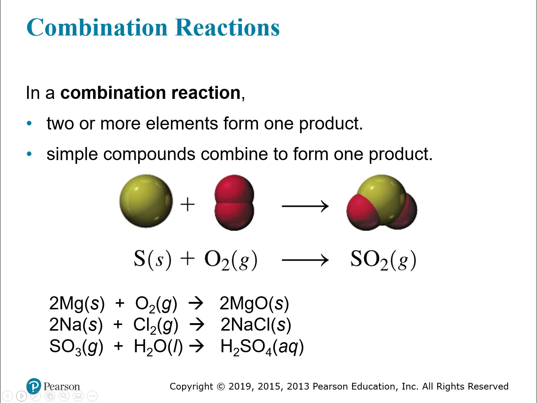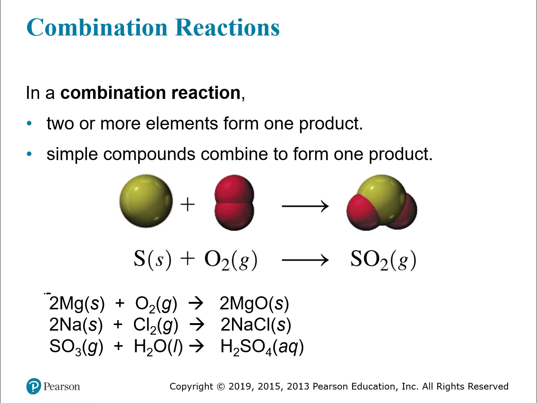In a combination reaction, you've got 2 or more elements forming one product. You're taking simple ingredients, putting them together to form one complex thing. Your example here is taking sulfur and oxygen gas, and you're creating sulfur dioxide. 2 simple compounds combining to form one more complex product.